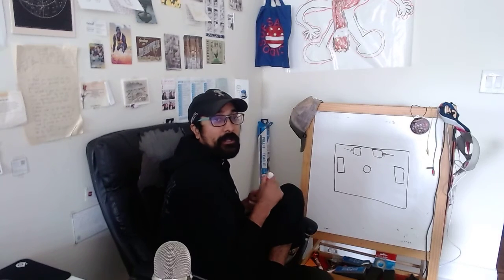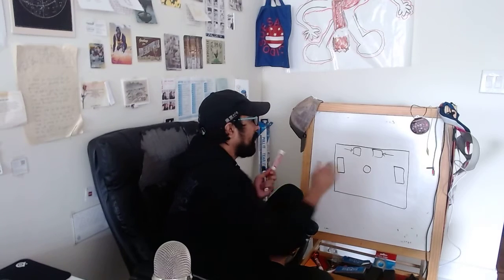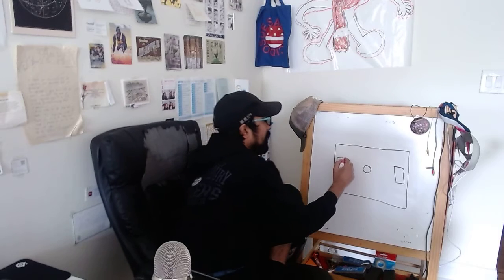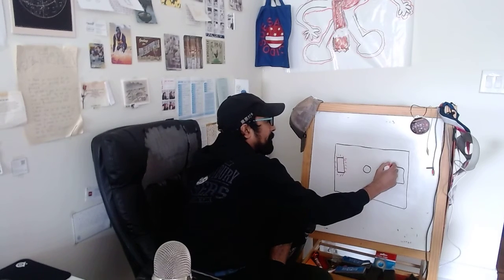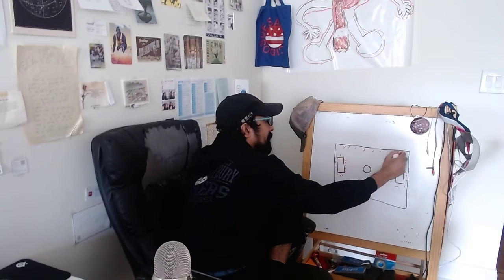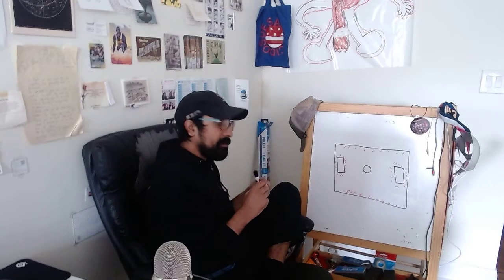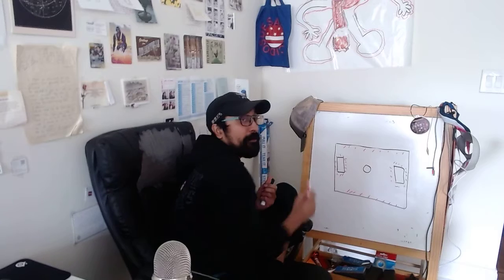The only thing we'll consider is where this ball bounces off of. I'm going to erase these for right now. In Pong, the ball bounces off paddles and the top and bottom wall. Those are the only things the ball bounces off of. It won't bounce off the right wall or the left wall.